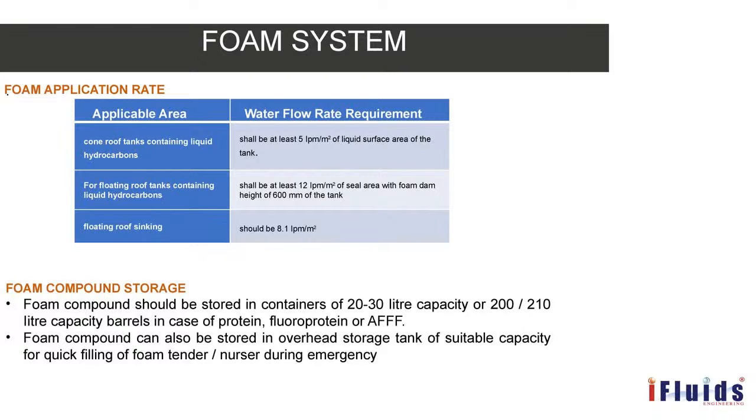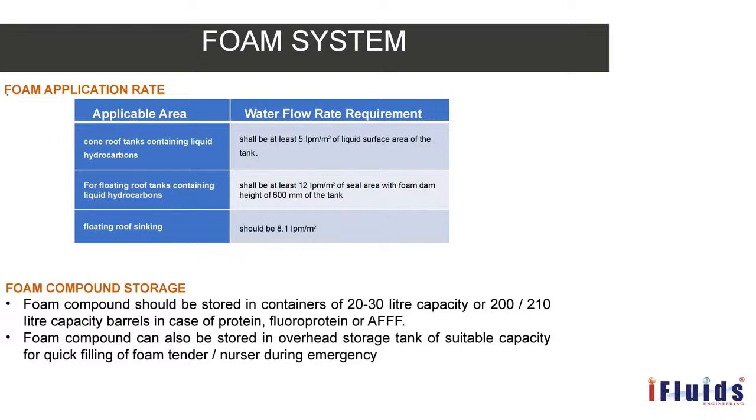In case of emergency, this can be quickly filled using a foam tender or otherwise foam nurses. So these are the major things mentioned in this OISD with respect to foam compound storage. With this, chapter 6 of OISD 116 is completed.